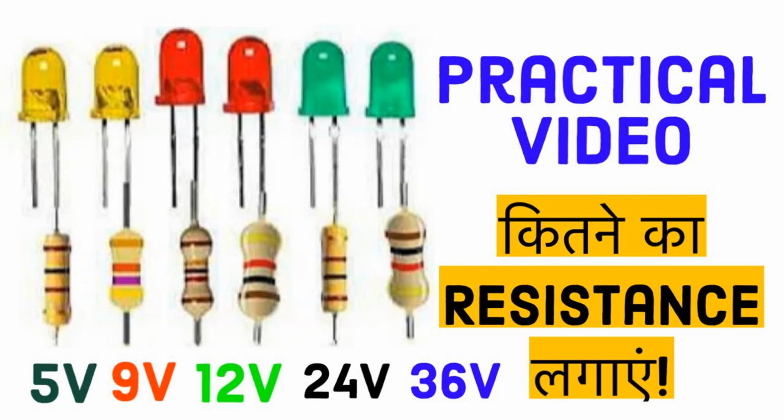Example calculation. Example circuit: Suppose you have a 12V power supply and want to obtain a 5V output using a voltage divider. Choose R1 equals 7k ohm and R2 equals 5k ohm.